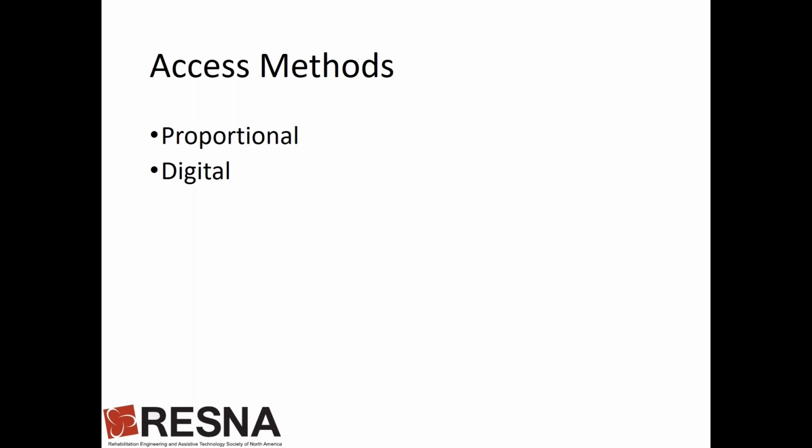Access methods. So proportional and digital, and Heather talked about some of these in her access. You're going to have to correct me if I don't explain this right. But proportionate is essentially the direction that you want to go is where you point the joystick.